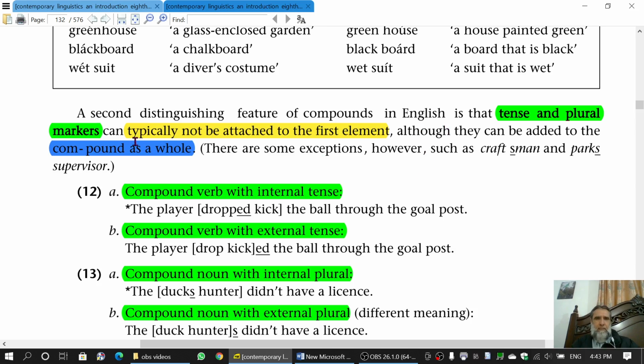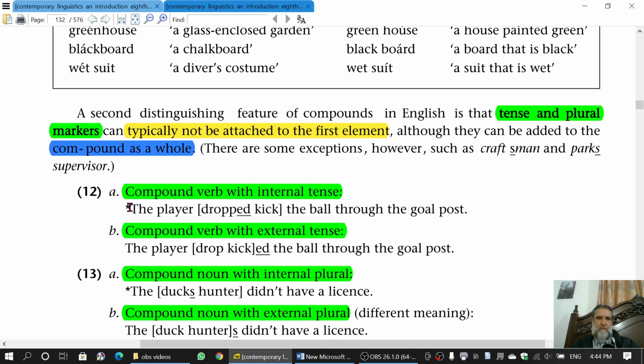So the point here is that typically these tense and plural markers are not attached with the first element. For example, in drop kick, drop is the first element, kick is the second element. So we don't use ed or tense marker with the first element, converting it into *dropped kick, which is wrong to say.